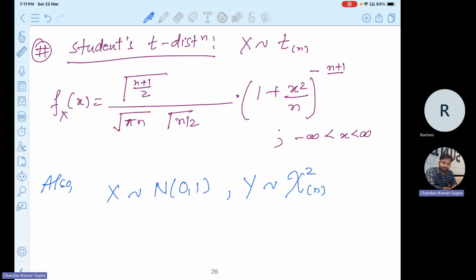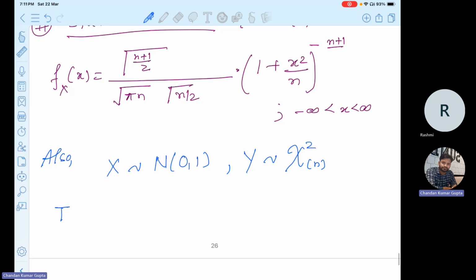Then a transformed variable t, which is defined as x divided by the square root of y divided by its degree of freedom n, follows t distribution with n degree of freedom. So the t random variable is defined as the ratio of the standard normal variate divided by the square root of chi-square variate divided by its degree of freedom.